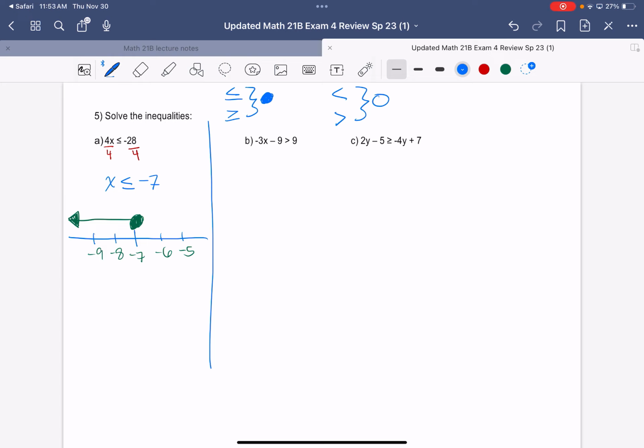Any other questions before we do part B? All right, let's try part B. Negative 3x minus 9 is greater than 9. Okay, so we need x alone. I'm going to first add 9 to both sides of the inequality. That way those 9s cancel. I am left with negative 3x is greater than 9 plus 9 is 18.